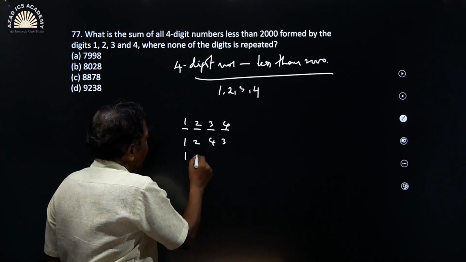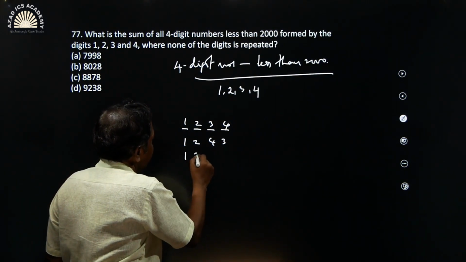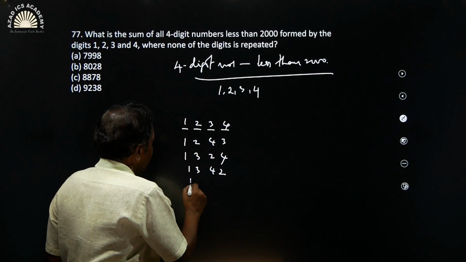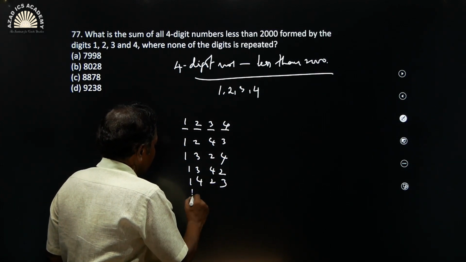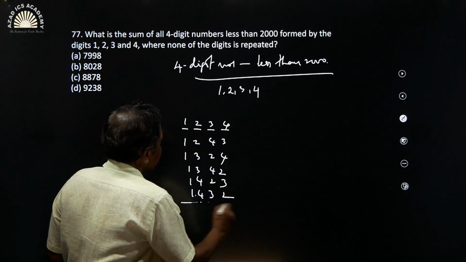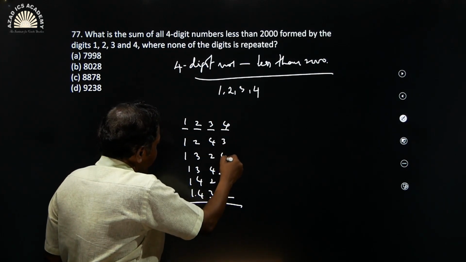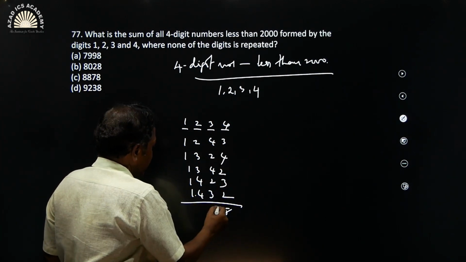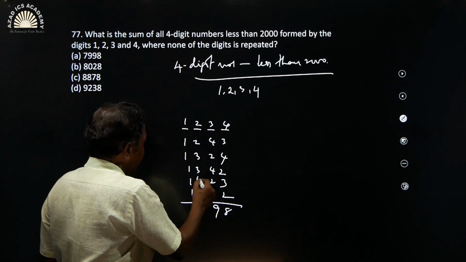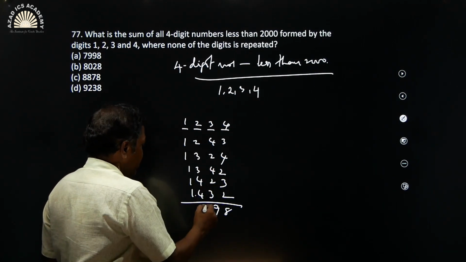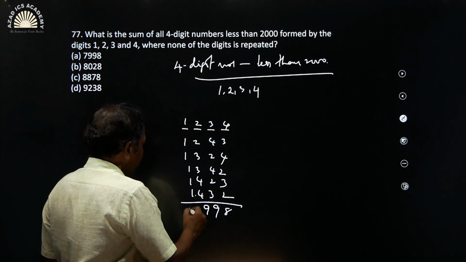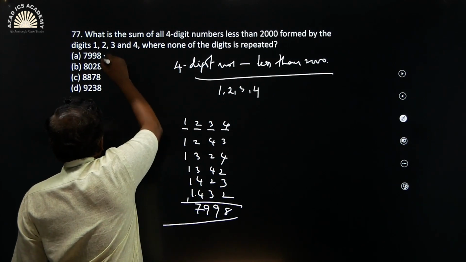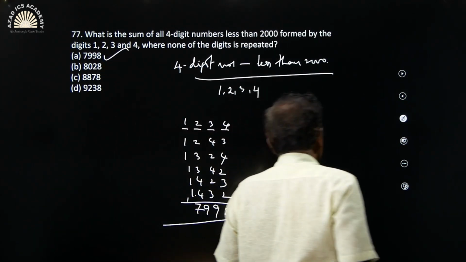Now let us take 3 here. 3, 2, 4 and 3, 4, 2, 1, 4, 2, 3, 1, 4, 3, 2. This is possible. Put up the total. 7, 11, 13, 16, 18, 4, 2, 6, 10, 12, 16, 19, 1 plus 4, 5, 9, 12, 15, 17, 2, 19, 1, 2, 3, 4, 5, 6, 7. 7,998. Option A is correct one.